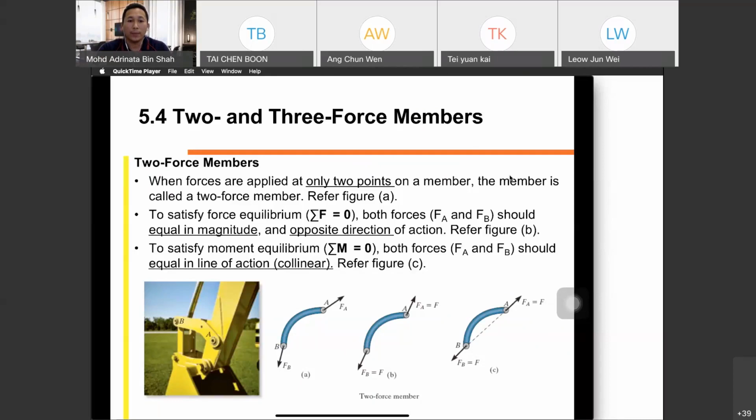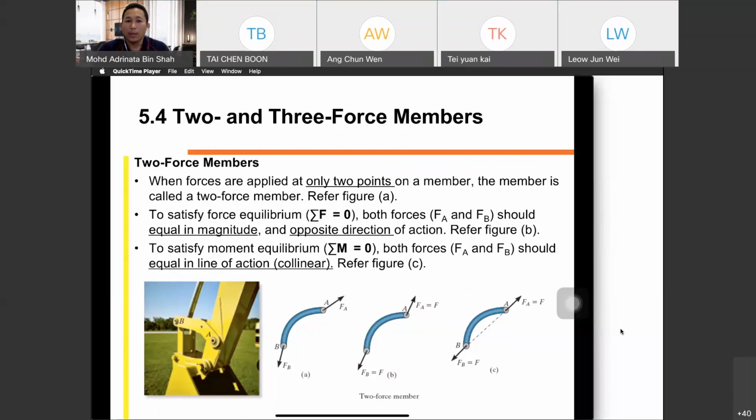To satisfy force equilibrium, equilibrium is F equals 0, moment equals 0. Both forces A and B, like in the figure, should be equal in magnitude and opposite in direction.